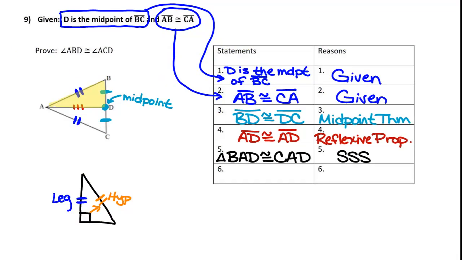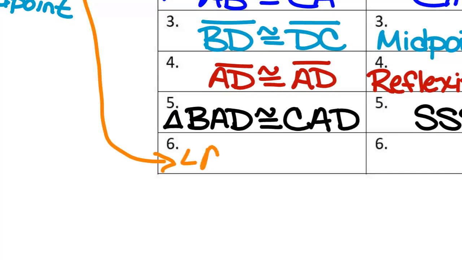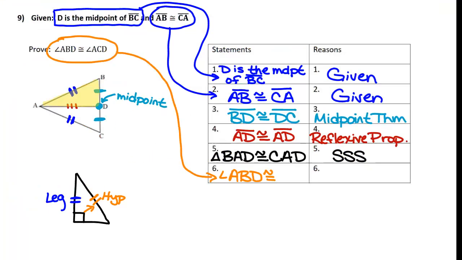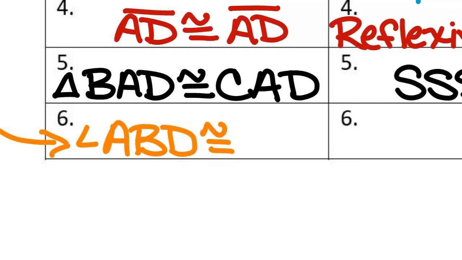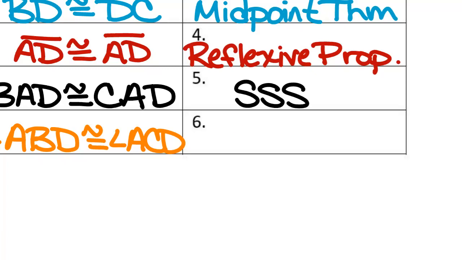What are we trying to prove in the end? Yep. We want to show that angle ABD is congruent to angle ACD. That is CPCTC.